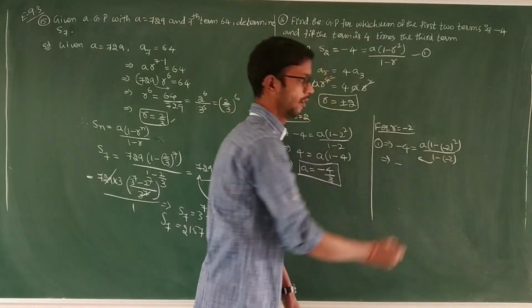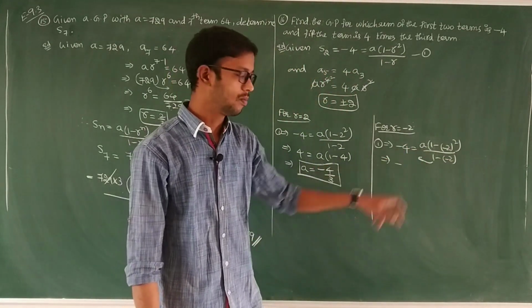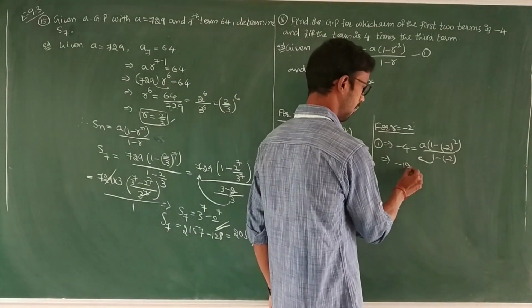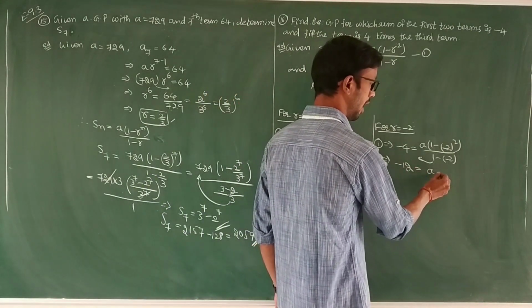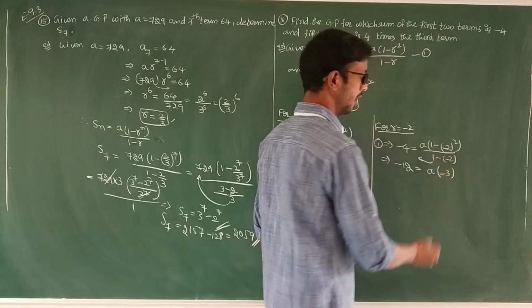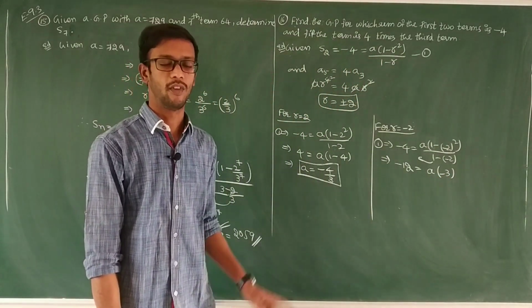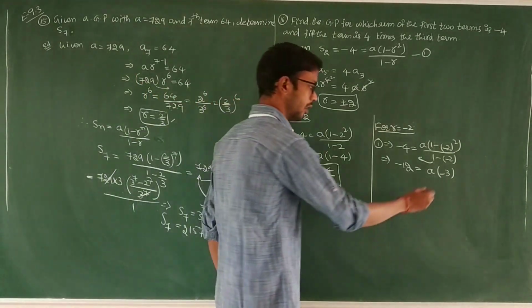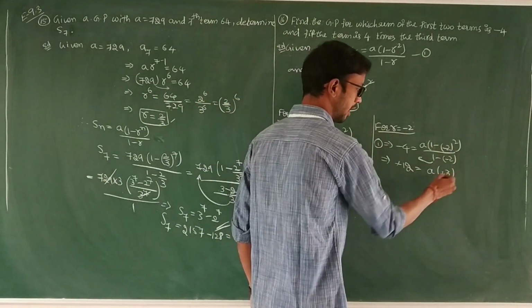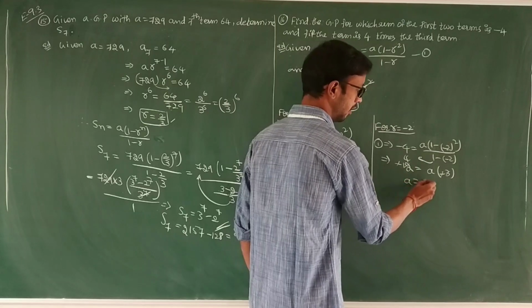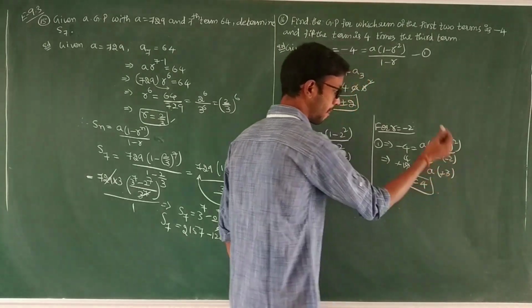To send this side, plus 3 into minus 4, minus 12 is equal to A into minus 3. 1 minus 2 square, minus 2 square is 4, 1 minus 4 is minus 3. So cancellation, minus minus get cancelled, 3 4s are 12, A is equal to 4.